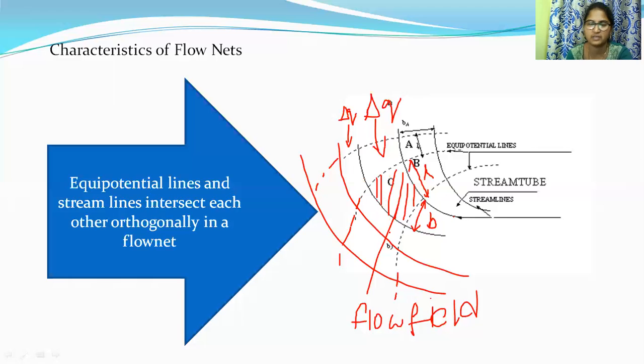The loss of head between two equipotential lines is always the same and is termed the equipotential drop.